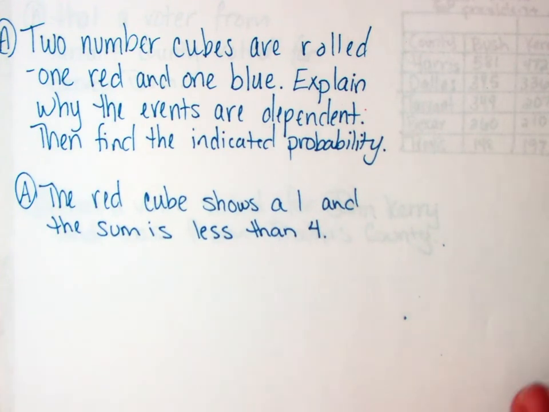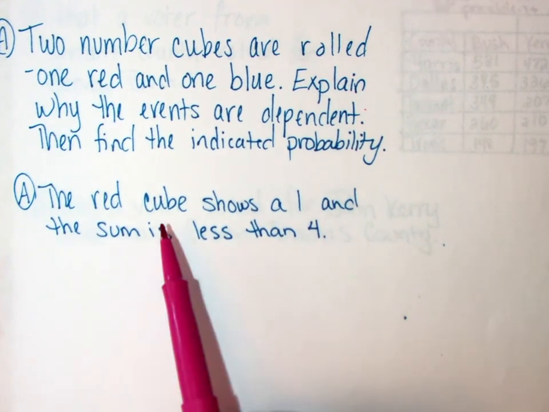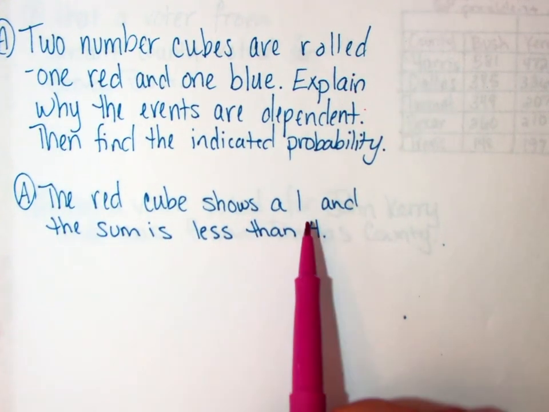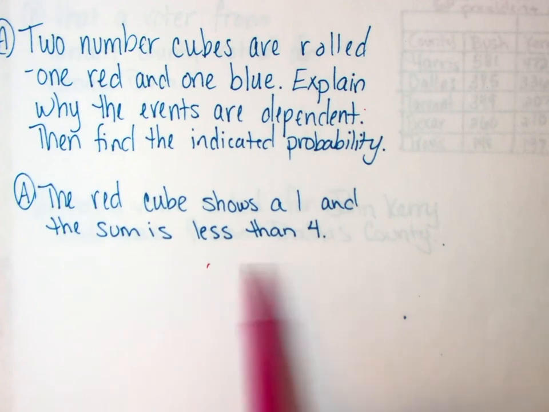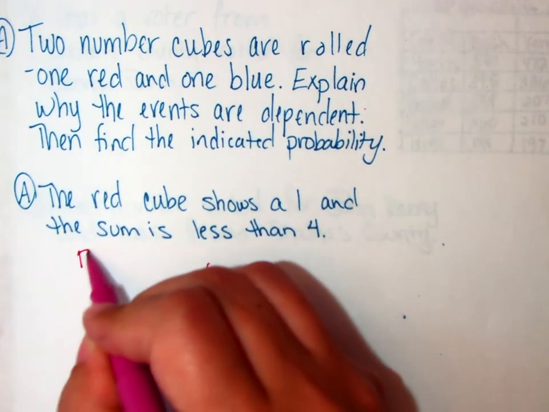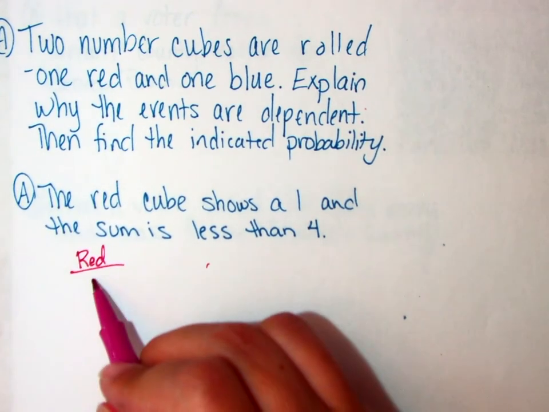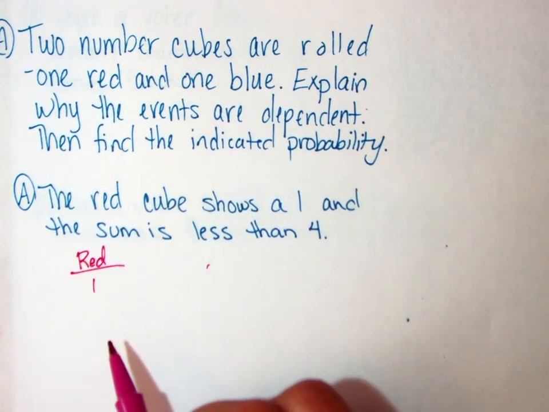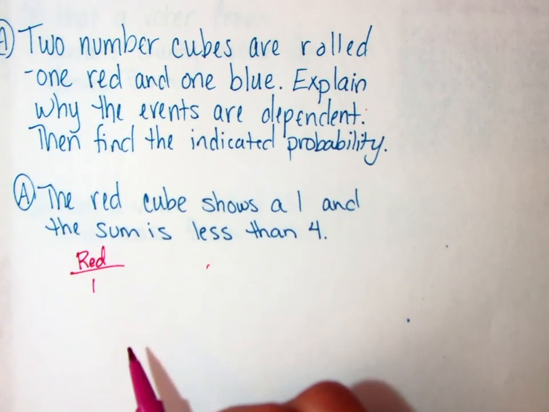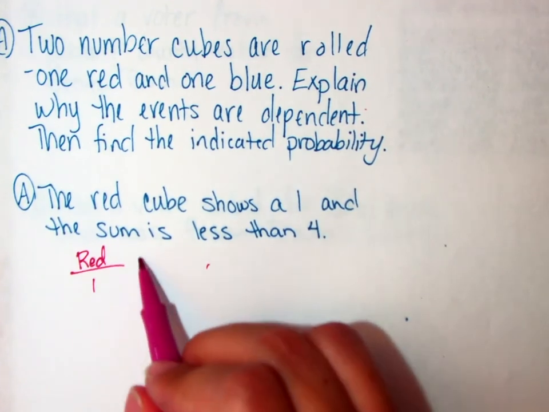All right, so example A says, the red cube shows a 1 and the sum is less than 4. Okay, so let's look at it as, my red cube I just rolled is a 1. I have a blue cube. What are the blue options if the red is 1?